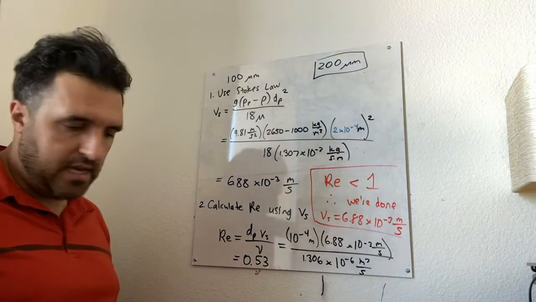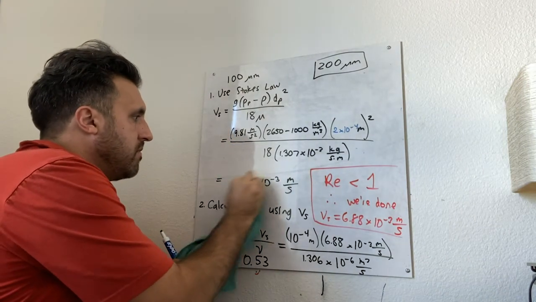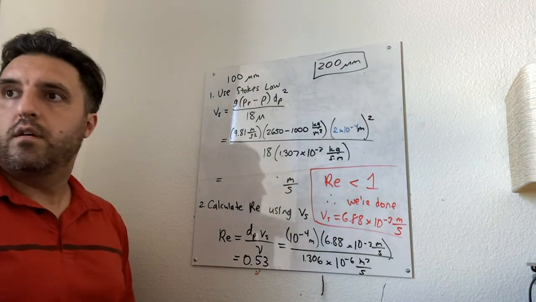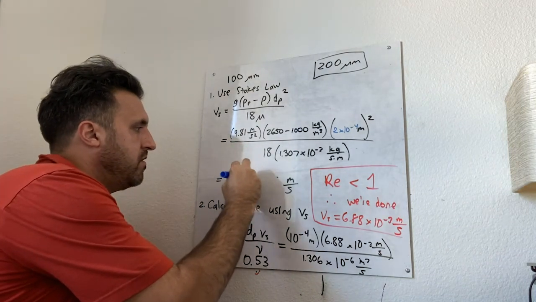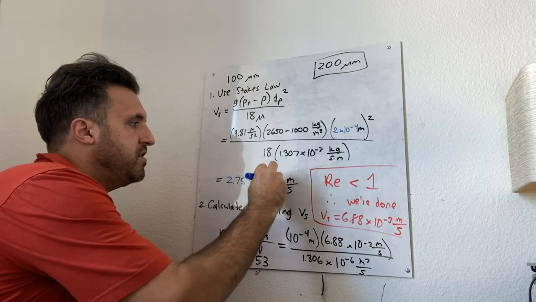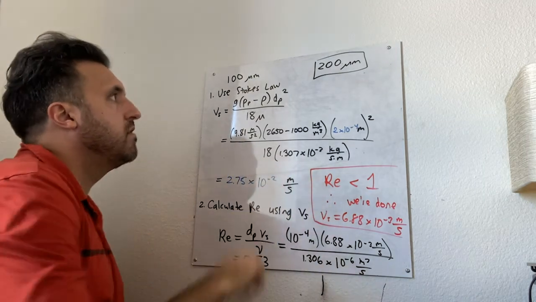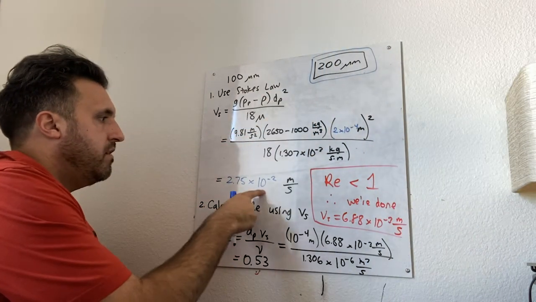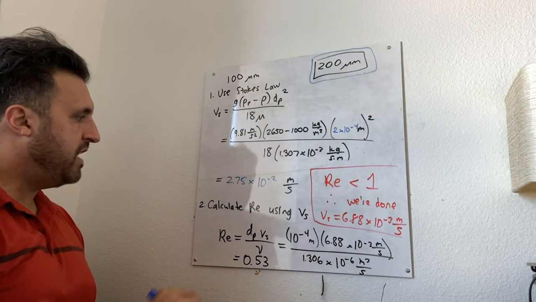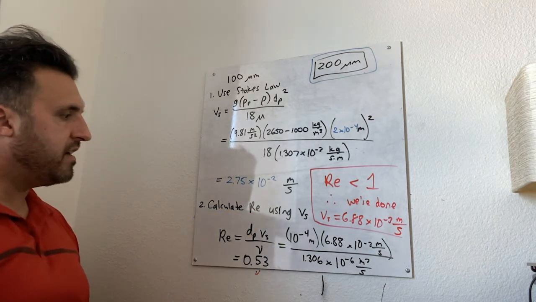This would then equal 2.75 times 10 to the negative 2 meters per second. Alright, so we have a new estimate of velocity. Then we're going to use that velocity to calculate the Reynolds number.